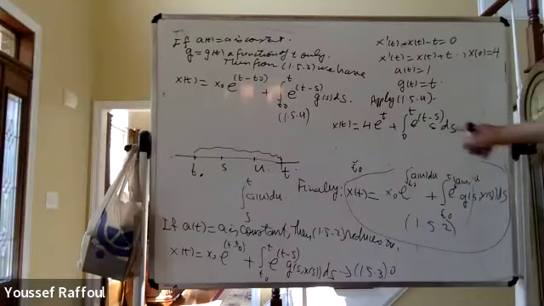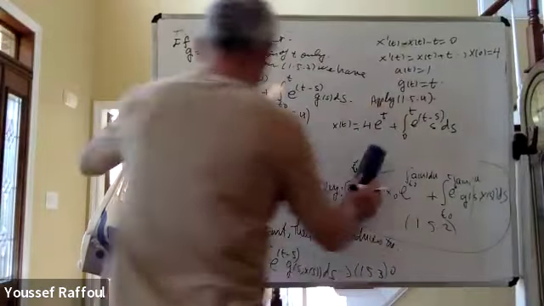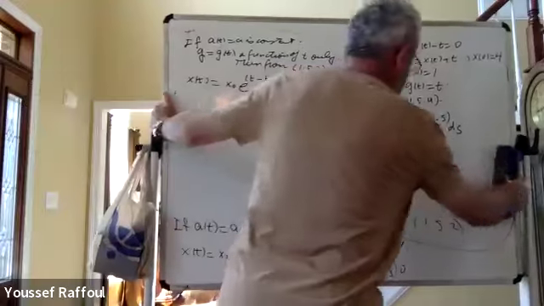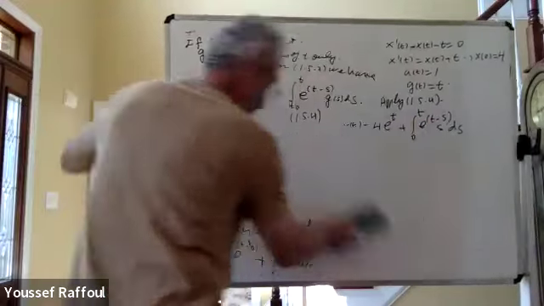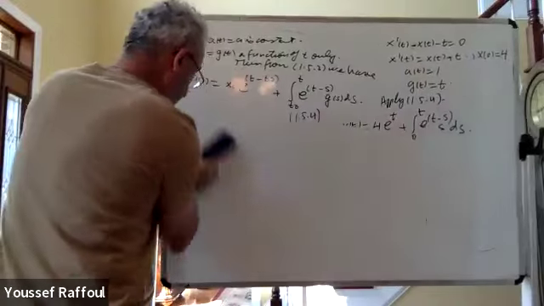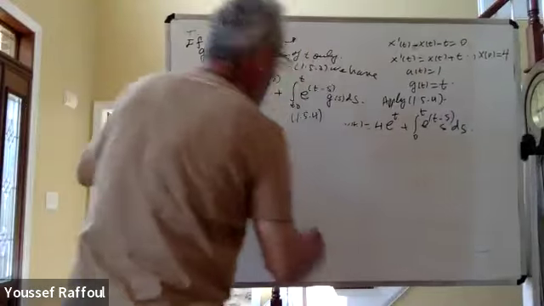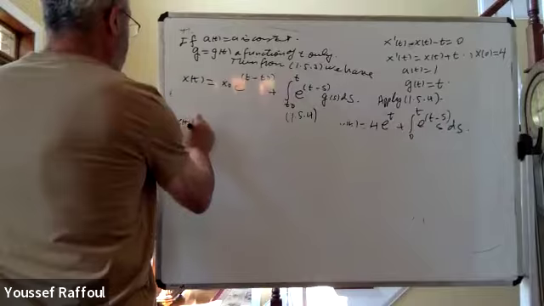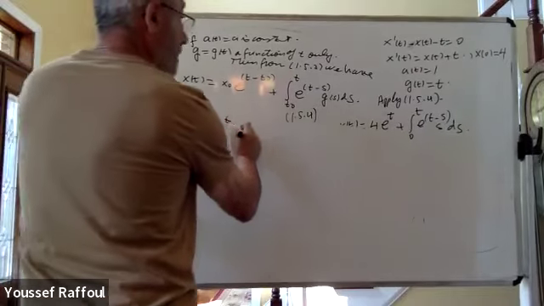All right, can you integrate this? So if you want to integrate this, we got x of t equal 4 e to the t.